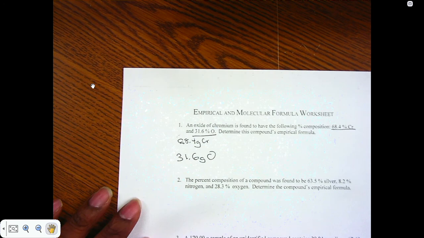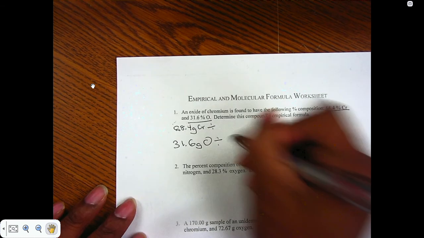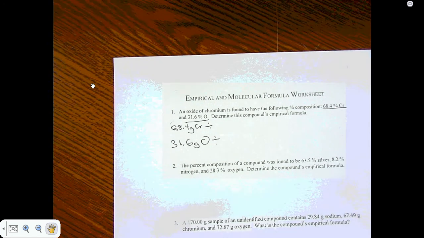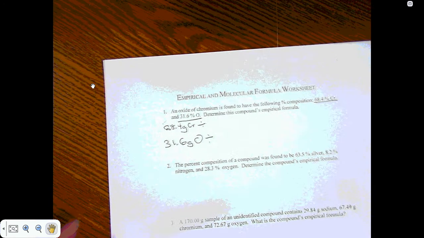So I look up the molar mass of chromium and of oxygen. You're going to use the molar mass of the oxygen atom, not the molar mass of O2. It's not diatomic in this case, so you want to be mindful of that.